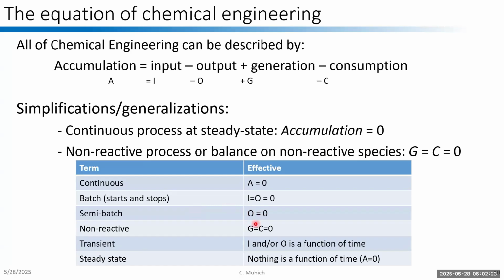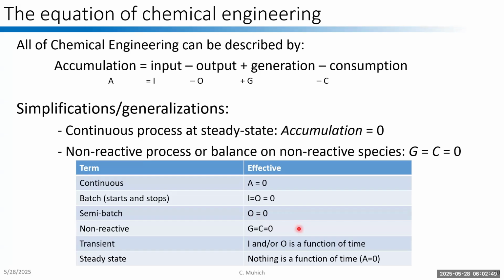In that case, nothing's coming out of that reactor, so the output is zero. I can conversely have a different semi-batch process where everything starts in the reactor, nothing new is added, and things only leave, in which case the input would be zero, right? So either input or output are zero.